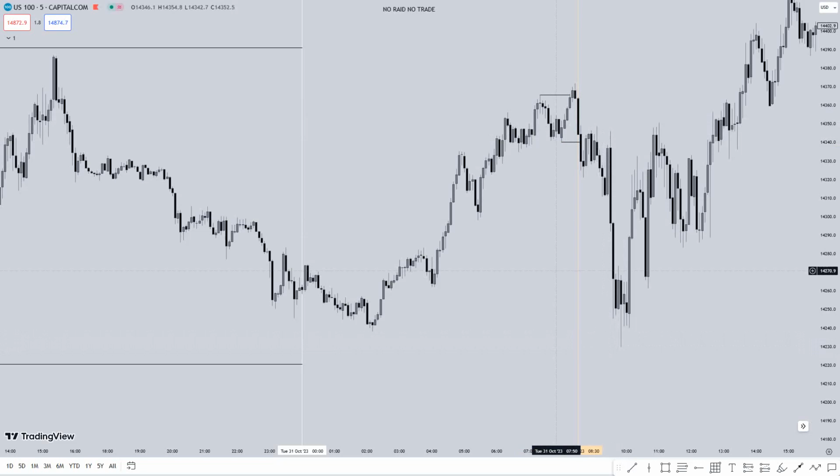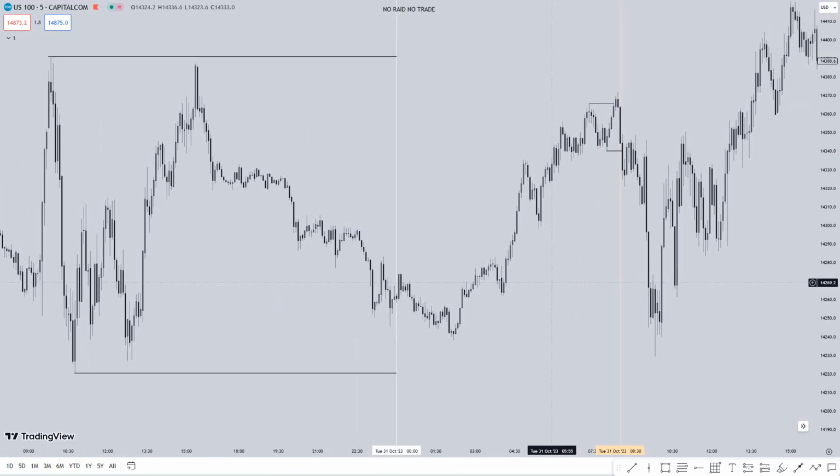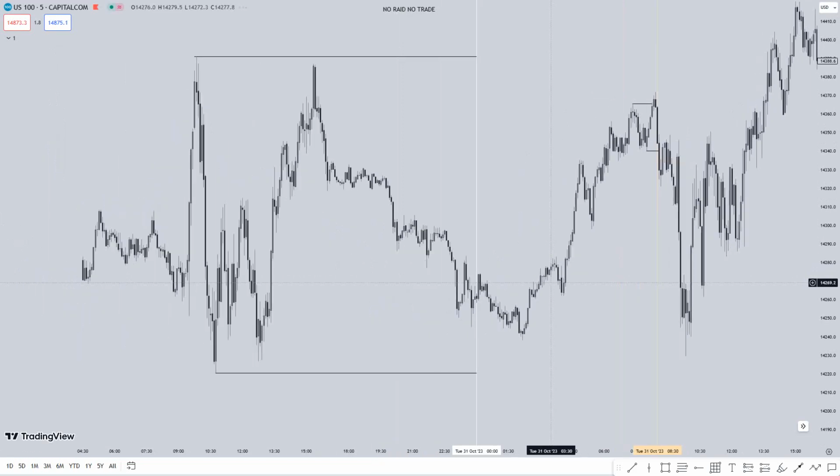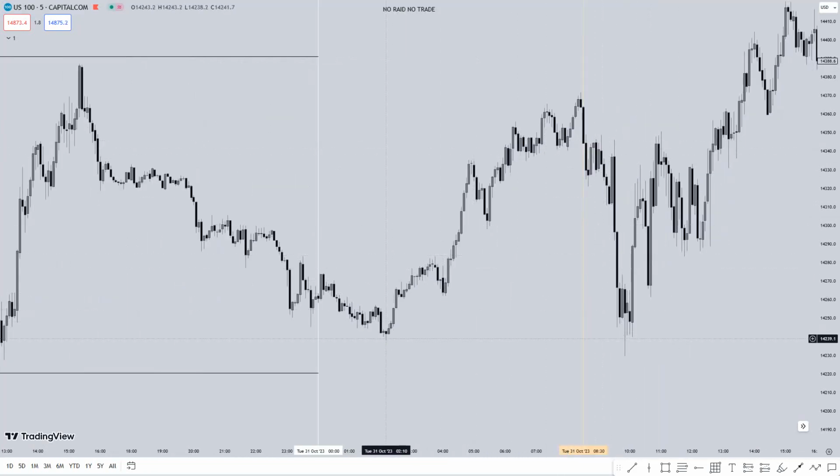Because like ICT says, your liquidity pools should be above your previous day's highs or lows. That's when you'll most likely get your high probability trades. So the fact that we didn't take out the previous day's high said to me that I shouldn't take that trade. But now once we traded lower, we took out this low here.